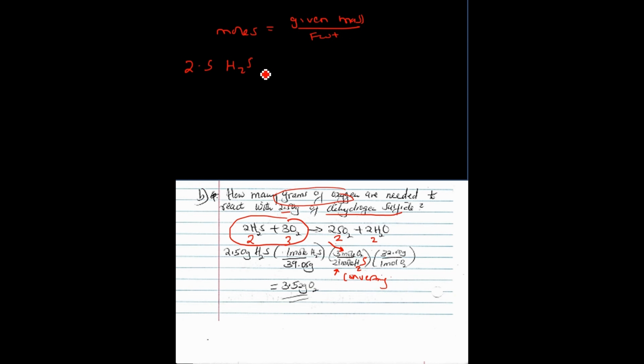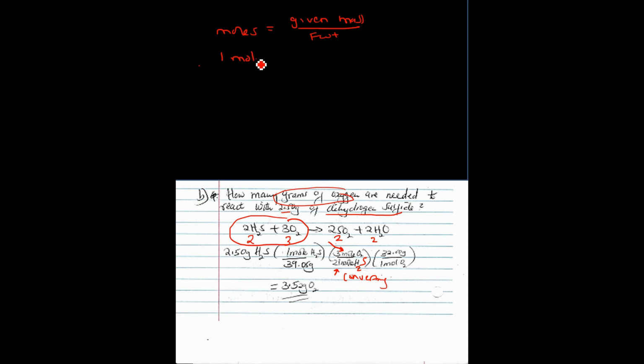So 2.5 grams divided by the formula weight of dihydrogen sulfide, which is 39.5 grams. This should give you moles. But the other way to do it is this way. This is the best way to do it, actually. You tell yourself, I like using the reacting ratio.